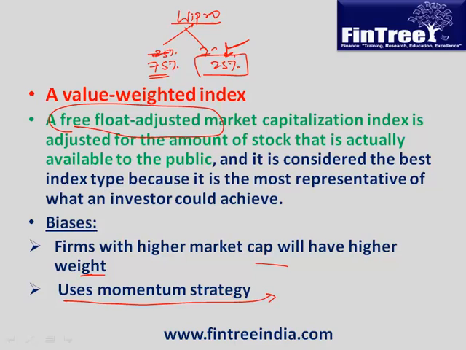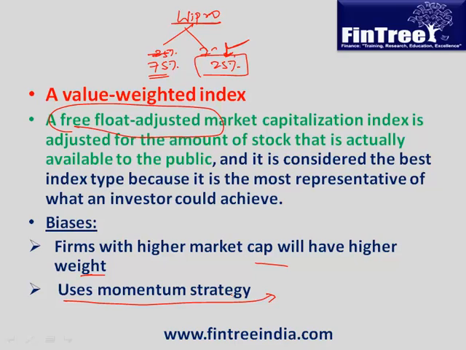Do you understand what a momentum strategy is? Yes. Momentum would be, if the markets are rising and you're on an upscale, then keep on buying. If the markets are falling, then keep on selling.